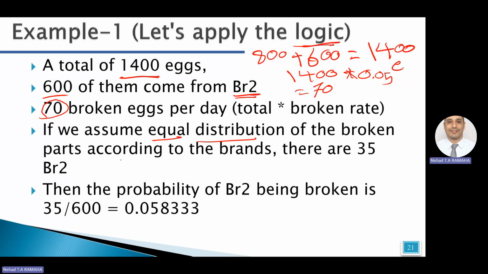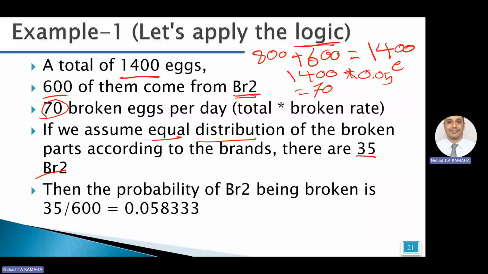So the probability of BR2 being broken, how to calculate the probability of something? The number divided by the size of the state, yes? How many brand 2 do we have? 600, 35 broken. So what's the probability of being BR2 and broken? 35 divided by 600.